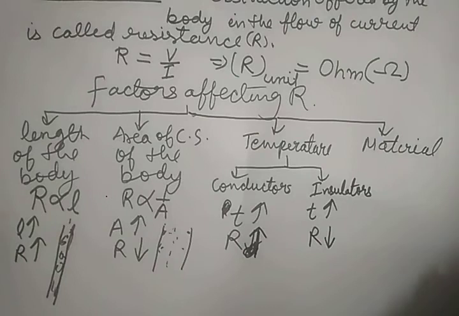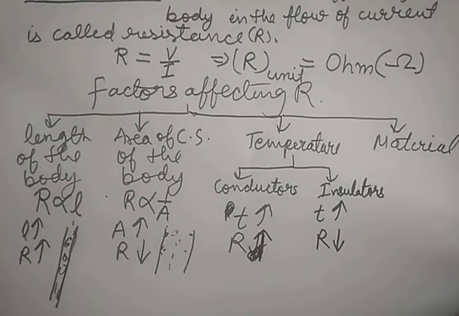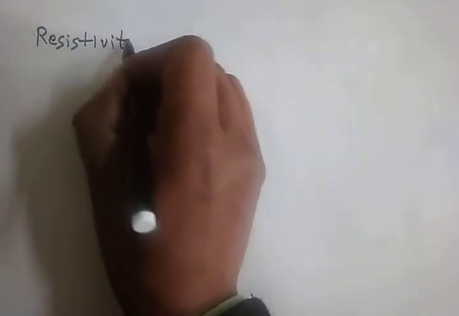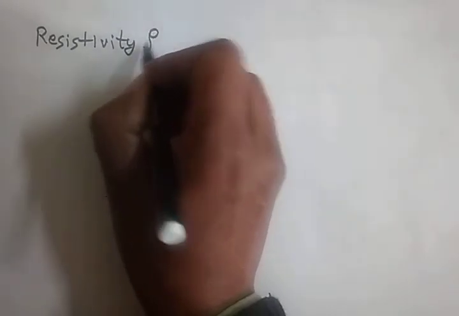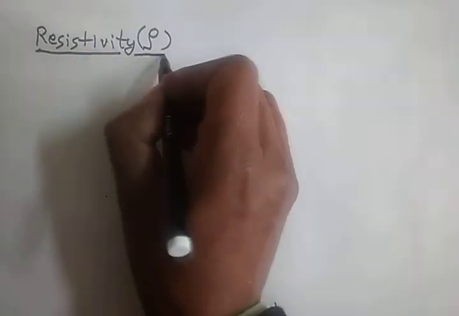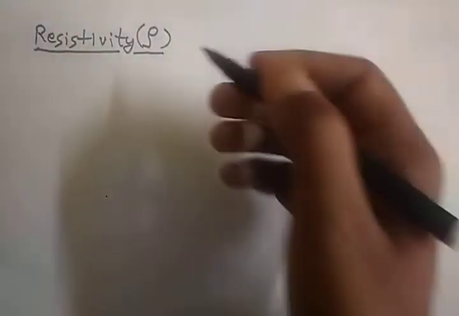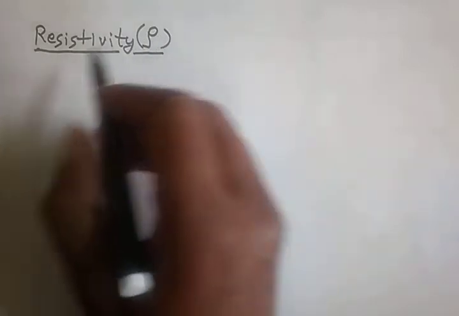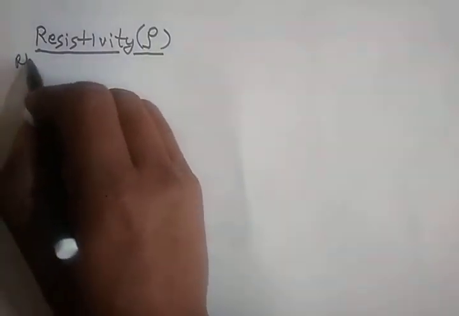So there is another term called resistivity, which is more specific to explain the conductive or resistive property of a material. This is a new symbol called rho, RHO.